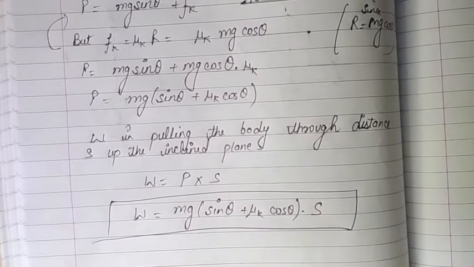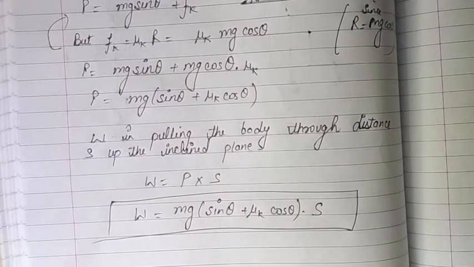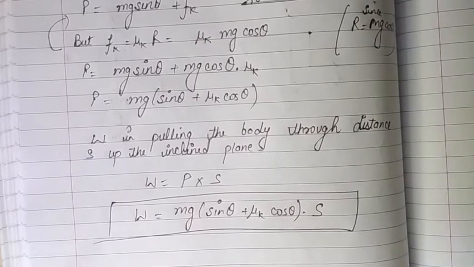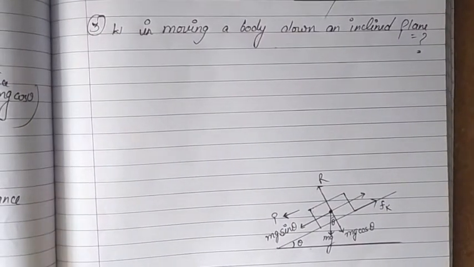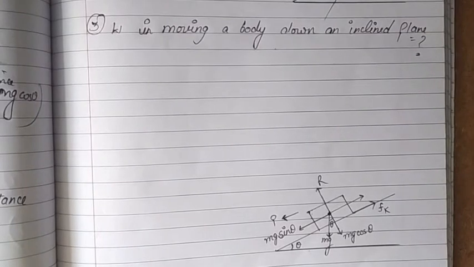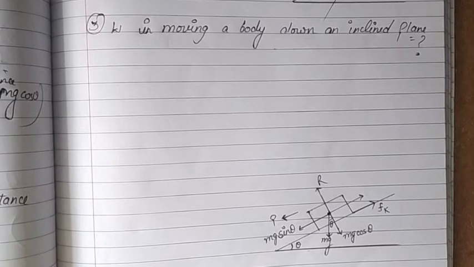Now the third case is when the body is moving down on an inclined plane. Let's see that. So now we are finding the work done in moving a body down an inclined plane. For that again we are considering a body of mass m, the weight mg acting downwards.